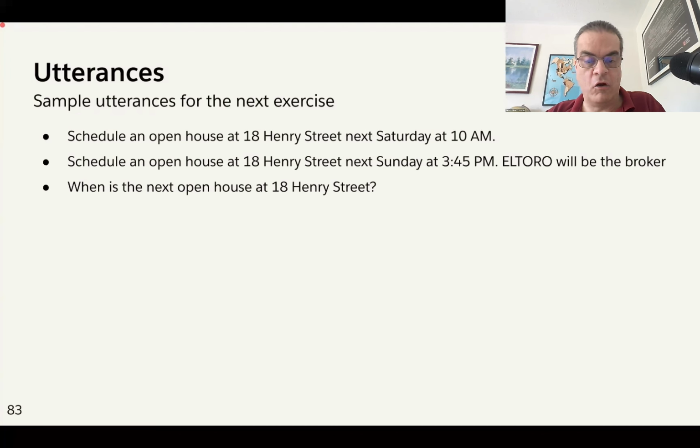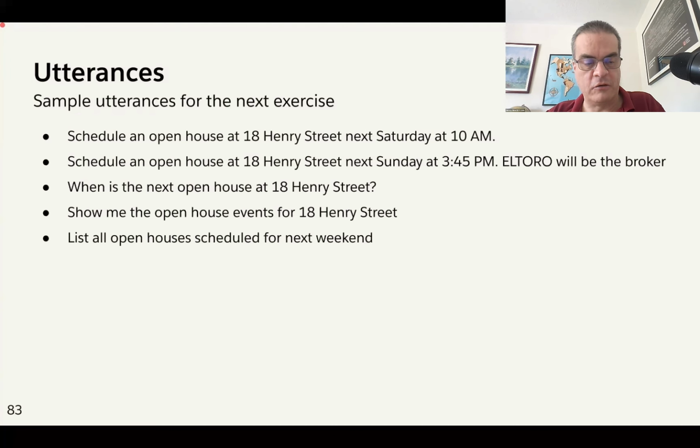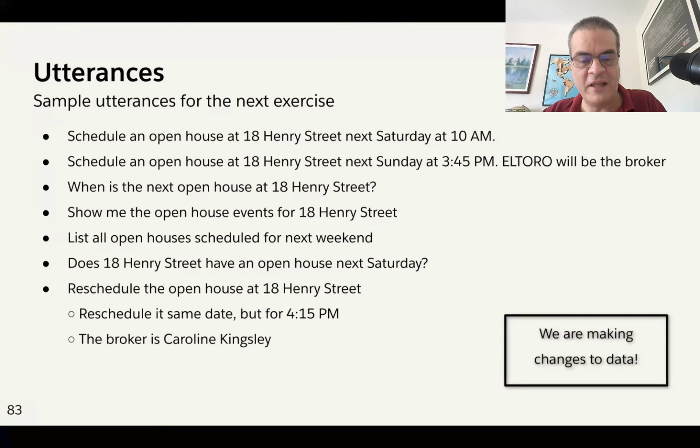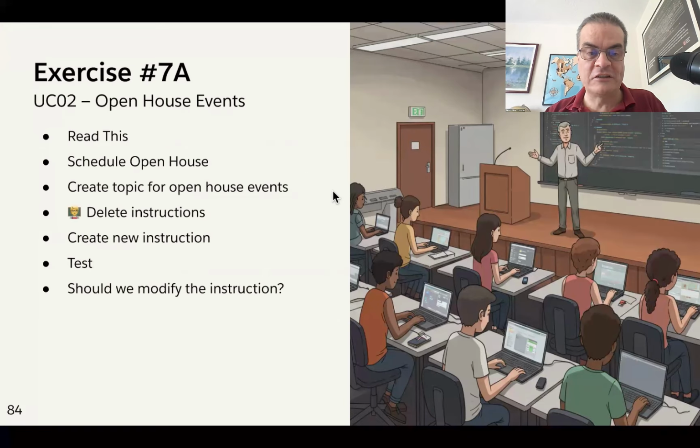Is there an open house? Show me the open house. List all. So think about the different utterances that you're going to get. But also, for this particular session today, notice that what we're trying to do is DML. We're not asking questions anymore. We're trying to do actions now.